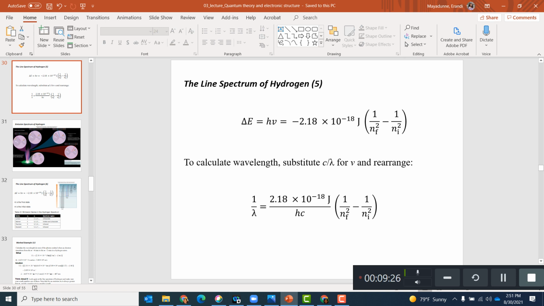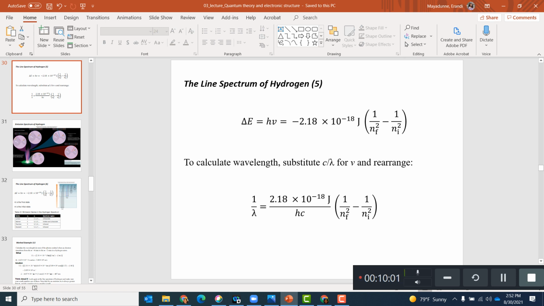Where the lambda comes in: nu you can represent using 1 over lambda. Let me write it here so it's better. So E equals h nu.